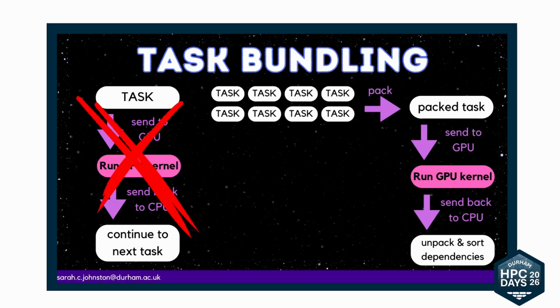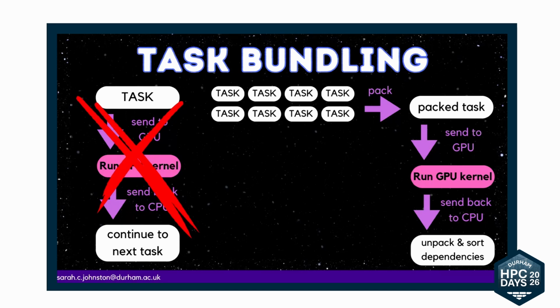And once we send that to the GPU, we edit the kernel so that it performs the same operations, but looping over different subsections of the data to represent the different cells that need to be updated. It fills in a results array and then transfers that back. And then when we get it back onto the CPU, we unpack all of those results back into their relevant cells again by storing information about the addresses of the cells we want to update.